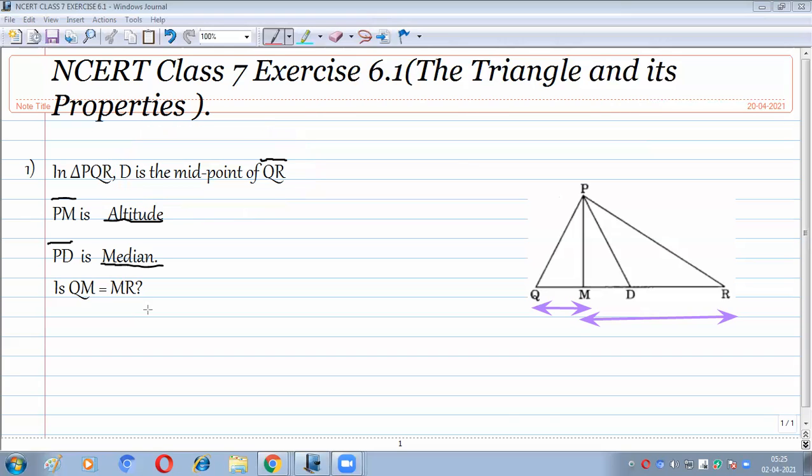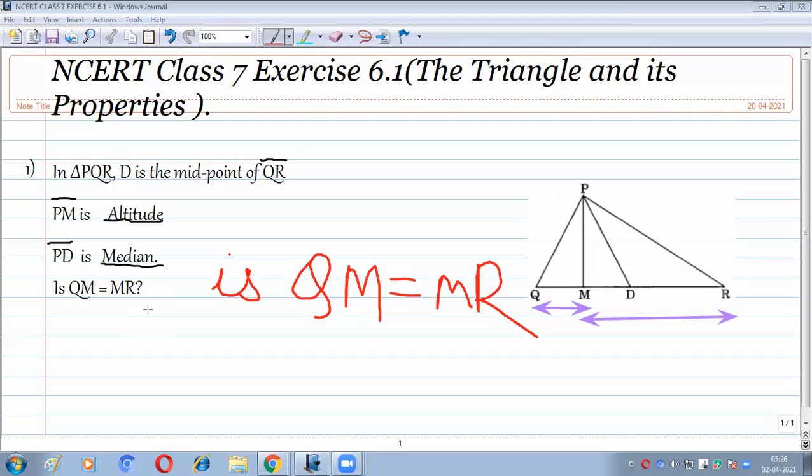If it had asked whether QD is equal to DR, we could say yes, this is equal. But here it is written QM and MR, so this is not possible.